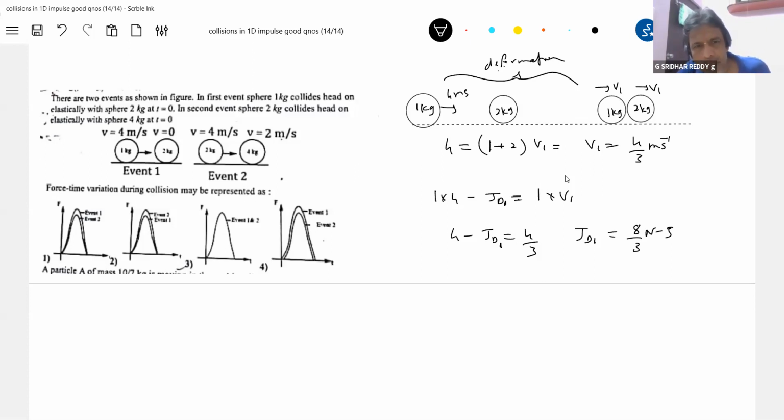And the area under the F-t graph will give that impulse. So I'm going to compare with this method. Now let me go for event 2. Now for event 2, again the same method. There's a very important problem.